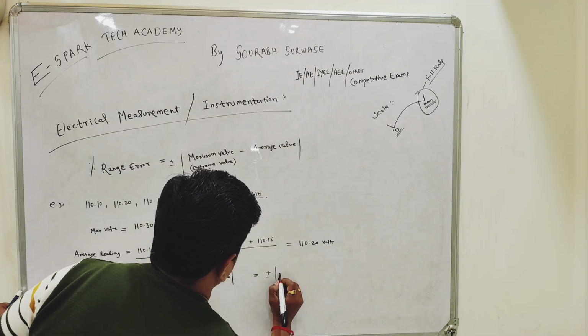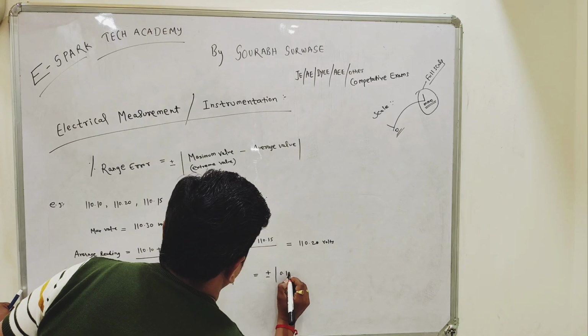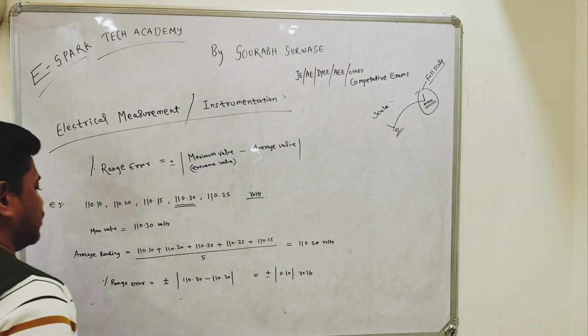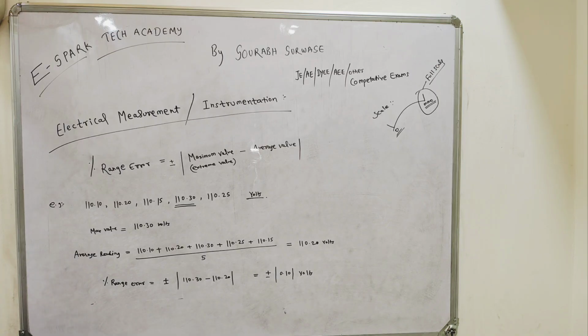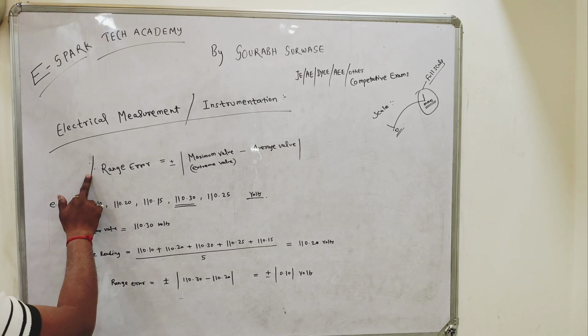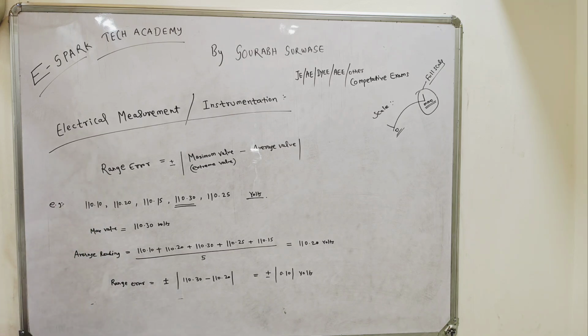You will get about 10 volts, let's say. This is range error. This is not percentage actually, this is only a range error we have calculated, it is not in percentage. So please note down this.